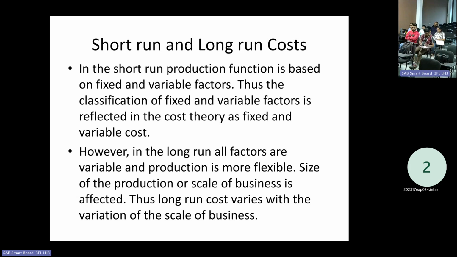In the production process, basically, we identified capital as the fixed factor and labor as the variable factor. So in the short run, we can identify fixed cost and variable cost, since both fixed factors and variable factors are in the production process.